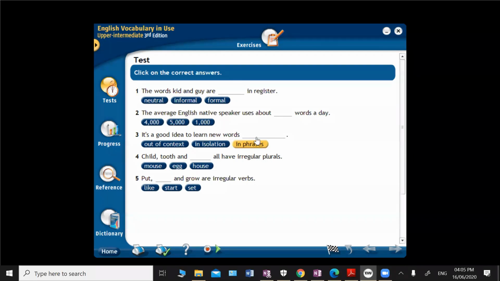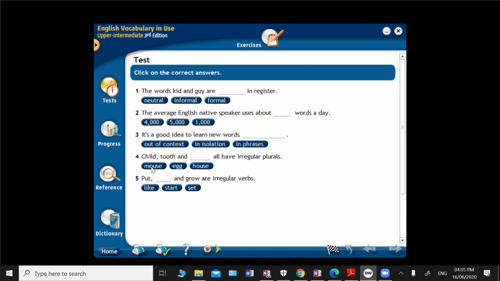So once you finish one, you can start the next one. And number 4 says child, tooth, and mouse, egg, house, all have irregular plurals. Mouse, okay, mouse. So your answer is mouse.